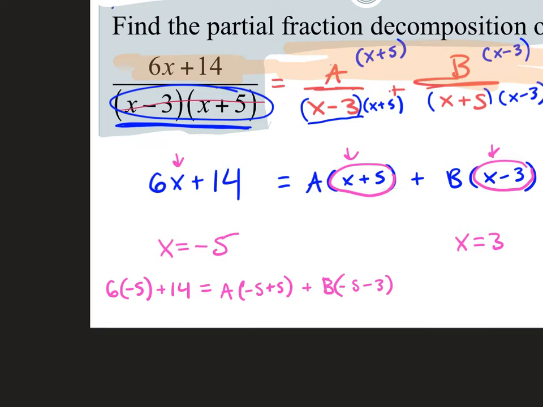And now we solve. What's 6 times negative 5? Negative 30. What's negative 30 plus 14?